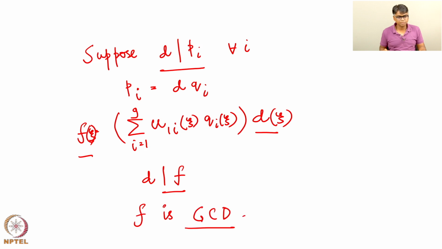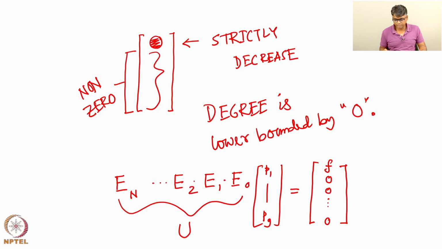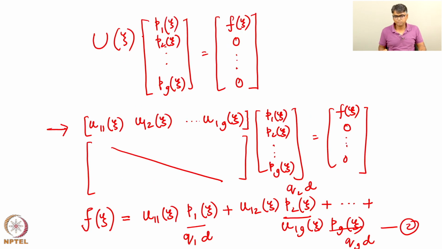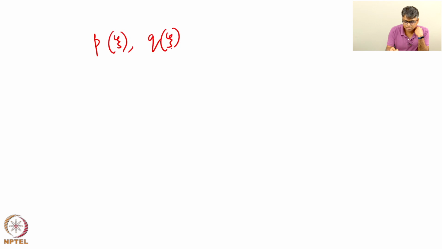So what we have essentially proven here is that by doing these unimodular row operations, we can convert this collection of polynomials P1 up to Pg into this, where this guy is the GCD of these polynomials. And that's Aryabhatta-Bezout identity, that the GCD can be written as a linear combination of the polynomials. Yeah? It's usually stated in terms of two polynomials, given two polynomials P xi and Q xi.